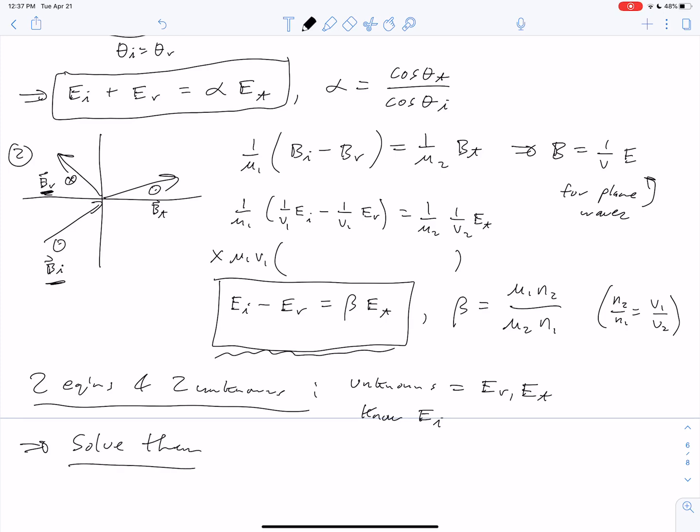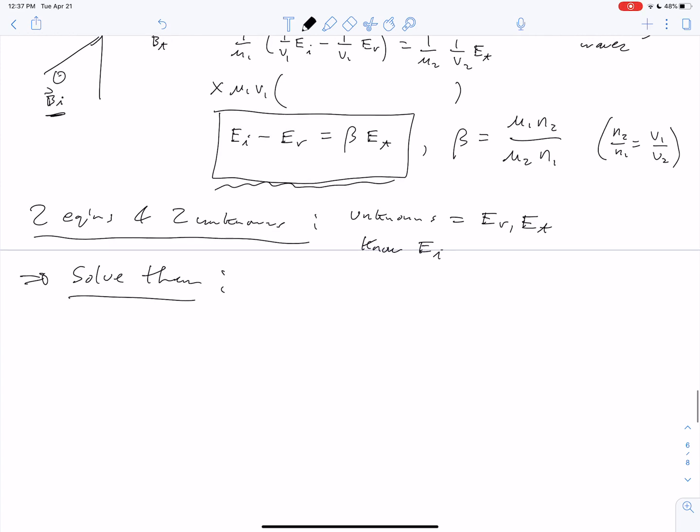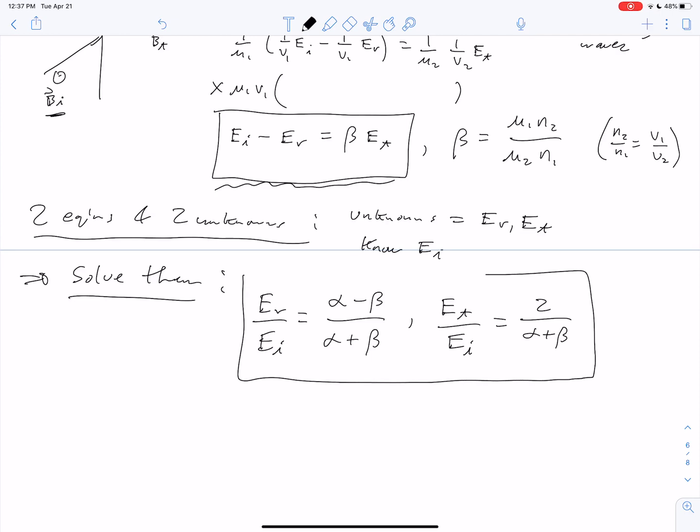Solve them, and then what we get is the Fresnel equations. When we solve them, we find that ER over EI is equal to alpha minus beta divided by alpha plus beta, and we see then that ET over EI is equal to 2 over alpha plus beta. And those are our Fresnel equations. We've solved it.